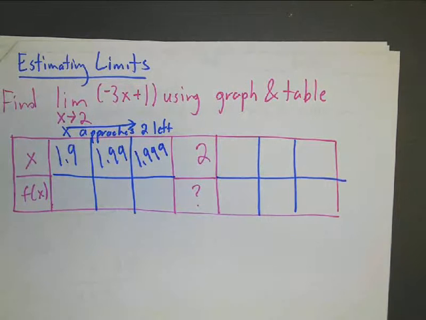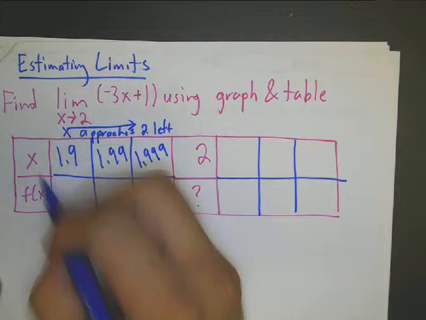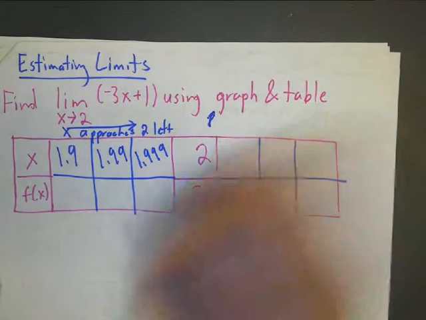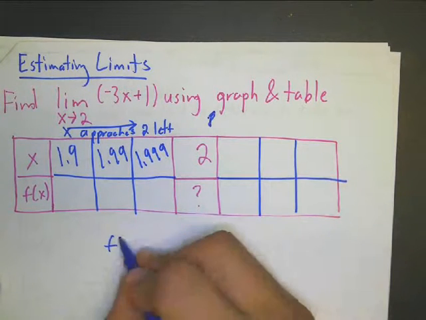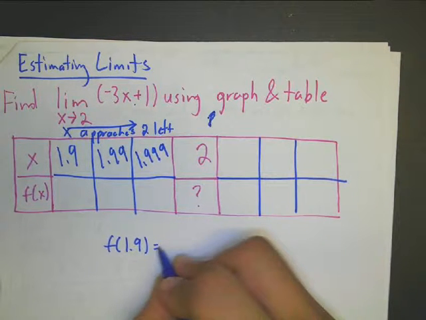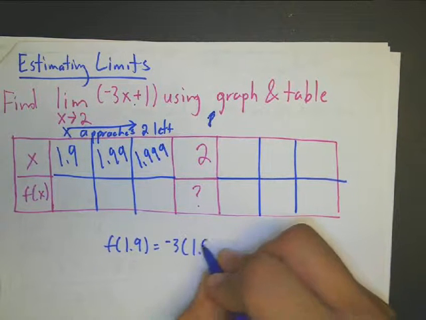In case you've forgotten how to enter numbers into functions, let me do it up here. I'm going to say f of 1.9. I enter 1.9 into this, so it's going to be negative 3 times 1.9 plus 1, just to remind you how I'm getting these numbers.